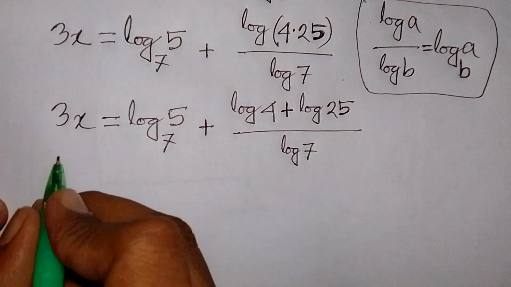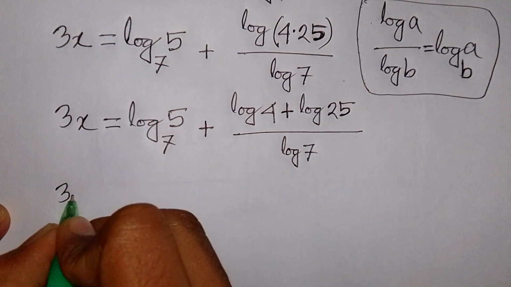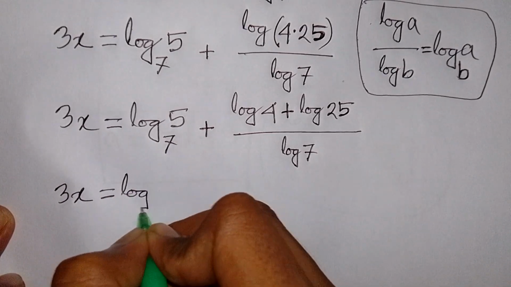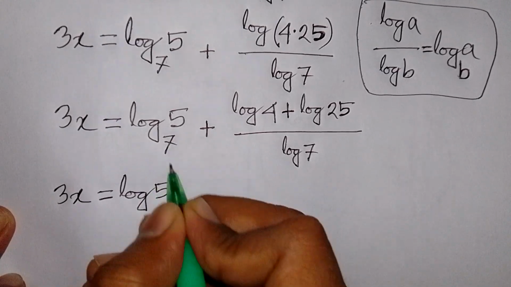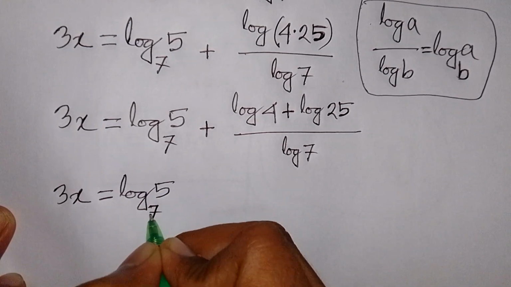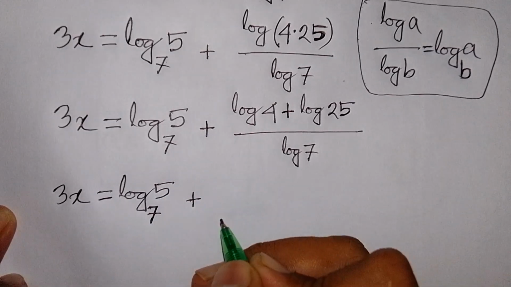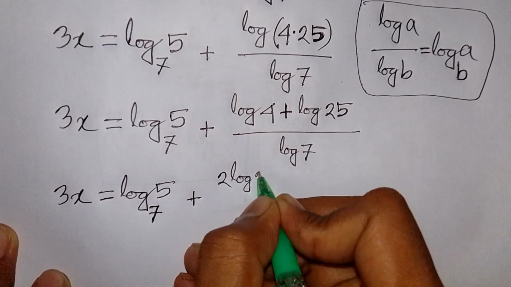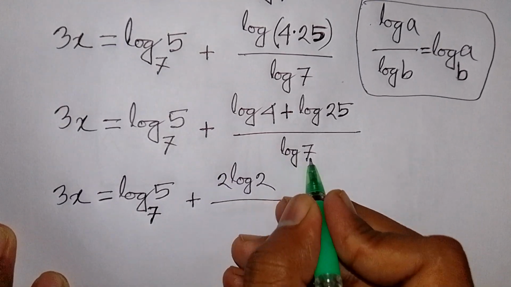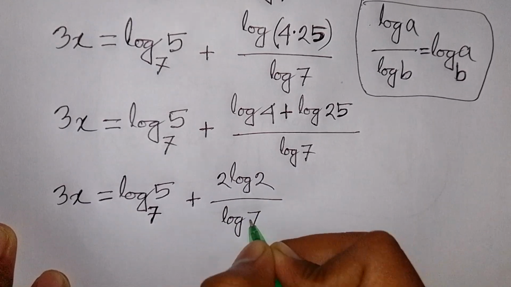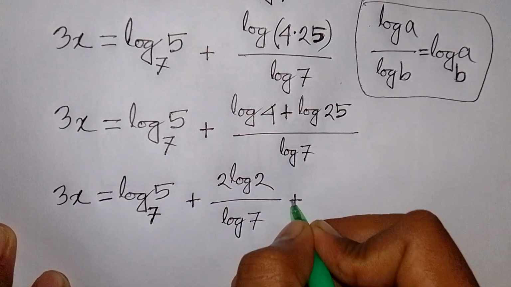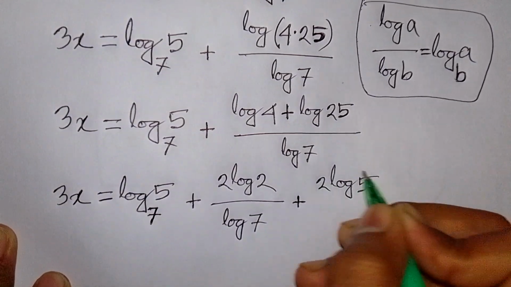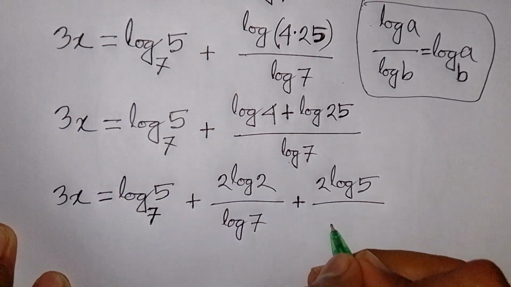In the next step, we have 3x is equal to log 5 base 7 plus log 4, which is the same as 2 log 2 over log 7, then plus log 25, which is the same as 2 log 5 over log 7.